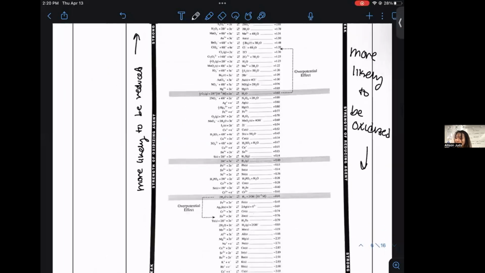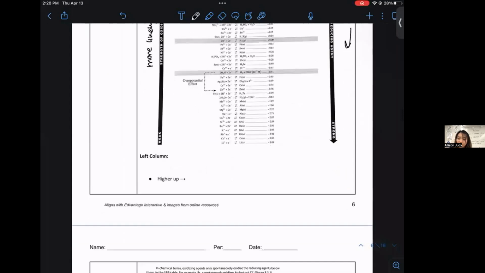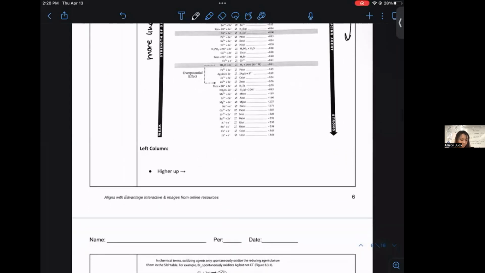So what we say is that the left column contains elements that will take electrons spontaneously from species below and to the right.